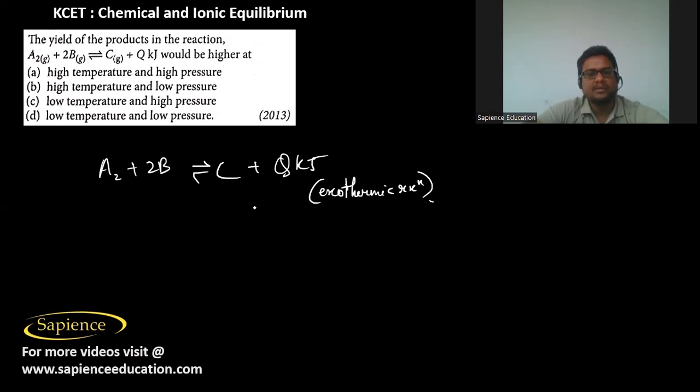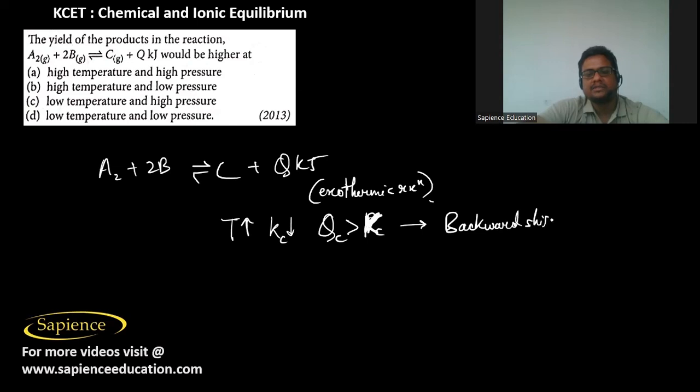It means that if the temperature increases, then the value of Kc, the equilibrium constant, will decrease. So Qc will be more than Kc, meaning the reaction quotient will be more than the equilibrium constant. So there will be a backward shift in the equilibrium.